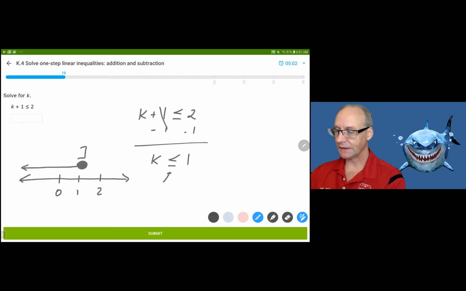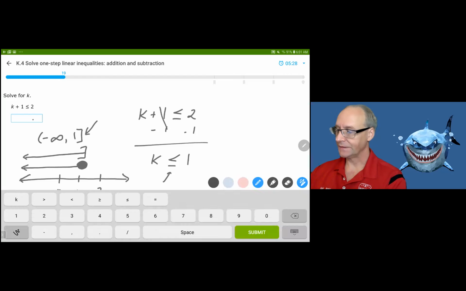Some textbooks and authors will use the bracket to indicate the closed, filled-in circle. Another way to write this is to go from negative infinity all the way up to 1, included. That's why we use the bracket to indicate that it's included. If it was not included, then we would put the open parenthesis. Anyway, there it is. And of course, the answer is k is less than or equal to 1.